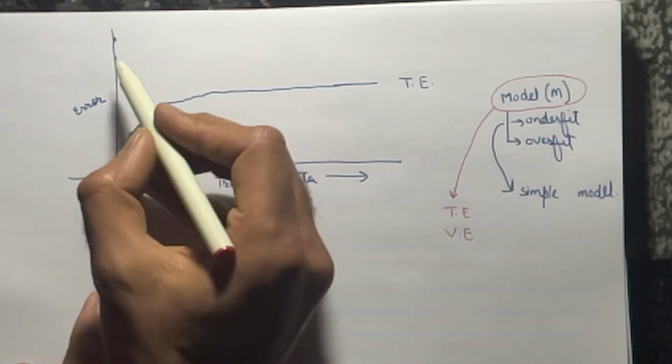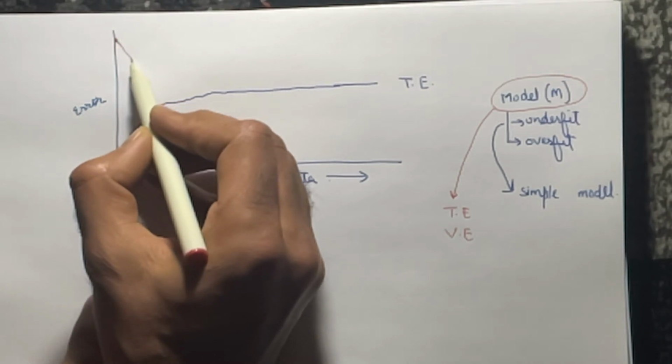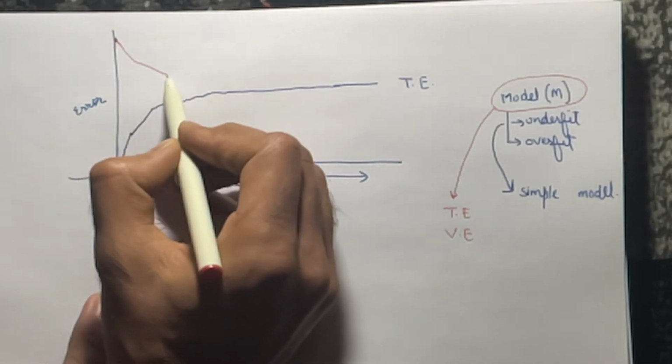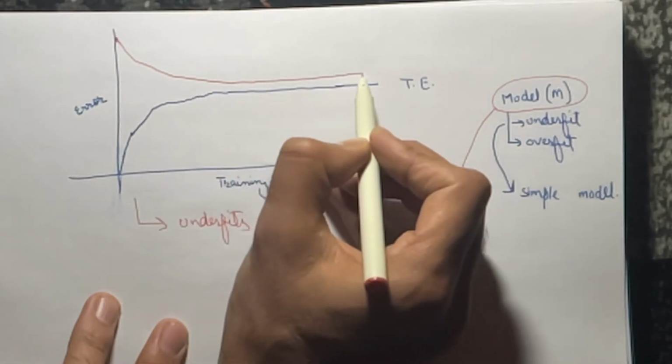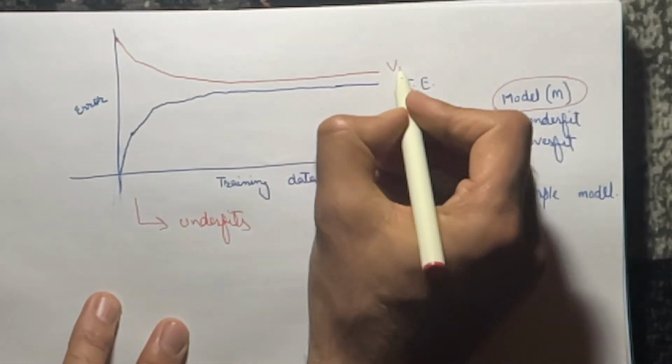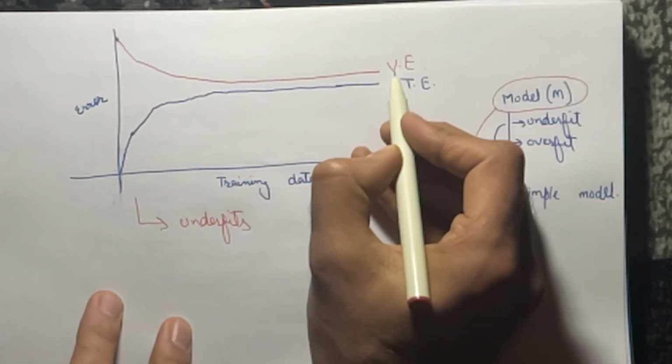It will go on decreasing with the increase in the size of training data, but it will also saturate after some time. So this was the training error and this is the validation error.